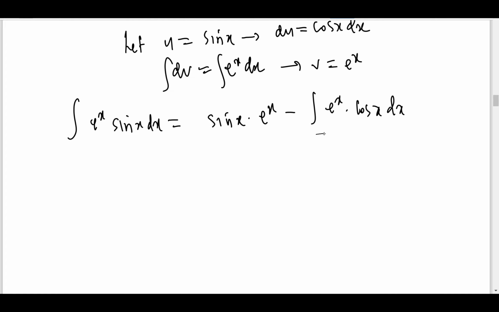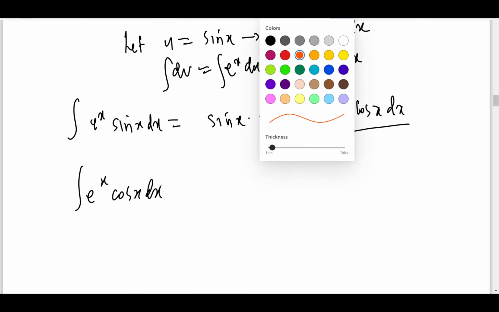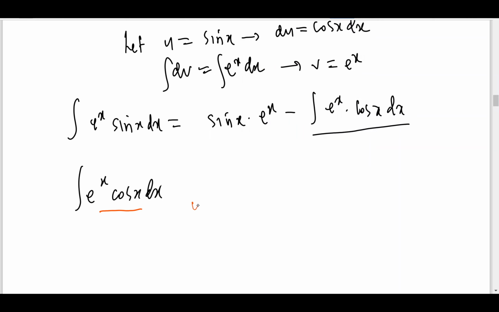So again, we cannot integrate directly, so we have to go further. The integral of e^x cosine x dx. Again, here we are going to use the same approach, I-LATE.